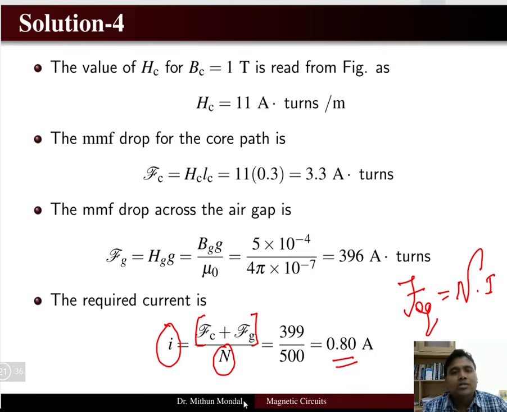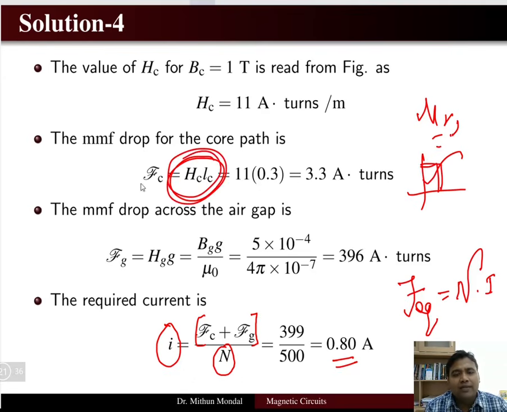If you observe this problem, the only difference from question number 5 of the first magnetic circuit problem is that instead of giving the value of μr, you have been given a BH curve. From the BH curve you have to determine the relationship between B and H, and then find the magnetic field intensity for the B value. In this way we can calculate the value of the current.